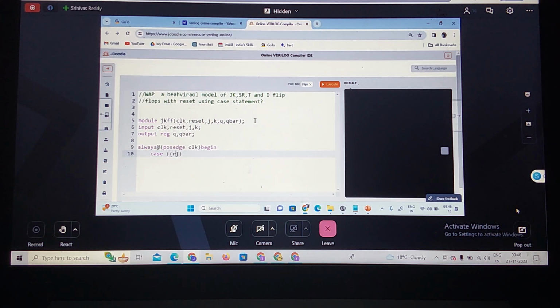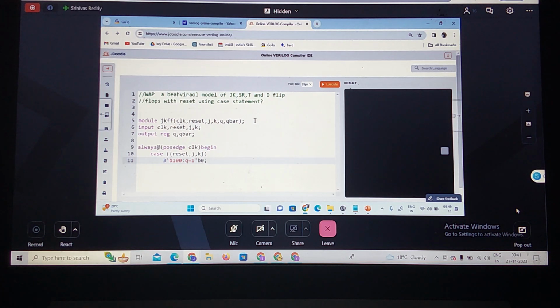I can write reset, comma J, comma K. Then what is the alternative to this case statement? 3 tick B, 100 colon, what I want to do? Q is equal to 1 tick B, 0, correct?